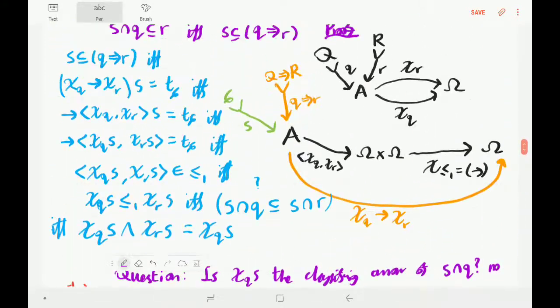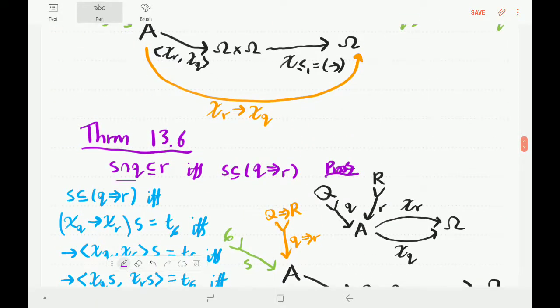So let's have a look at our initial claim. Yeah, it was that s intersection q is contained in r if and only if s is contained in q double arrow r. Since s is contained in q double arrow r means this.